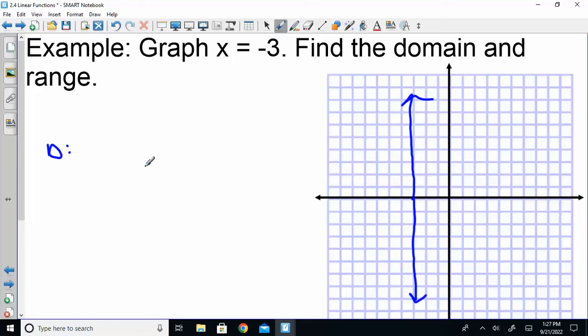What x's do we hit? Just negative 3. Since we don't have a starting and a stopping point, it's just a single value, we can't do an interval, so we just put it in the solution set. The only thing in my domain is the number negative 3. But what's my range? All real numbers, so negative infinity to positive infinity.